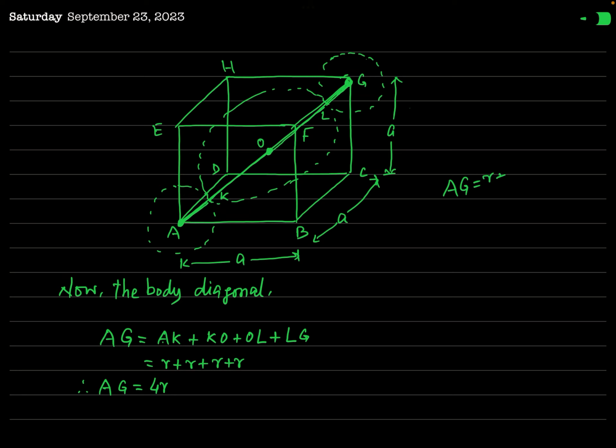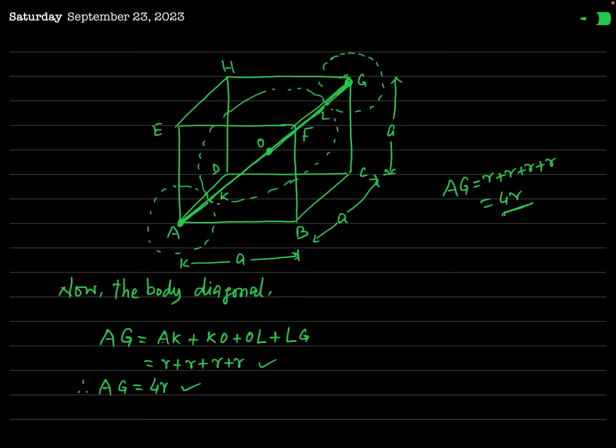But AK is R, KO is also R, plus OL, and OL is also R, plus LG, which is also R. So this is equal to 4R. So the length of the diagonal of this unit cell is equal to 4R. I have written it here, you can see. So AG is equal to 4R.